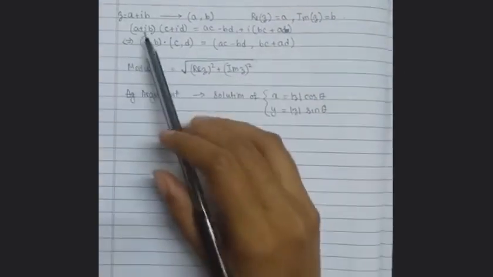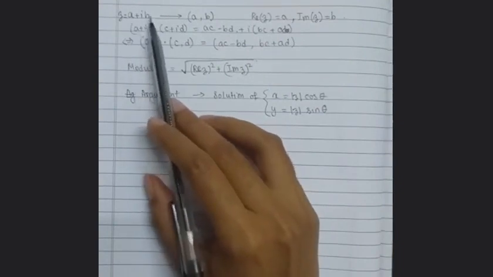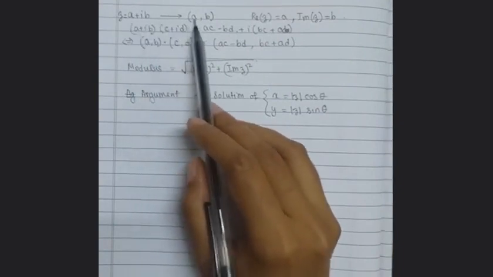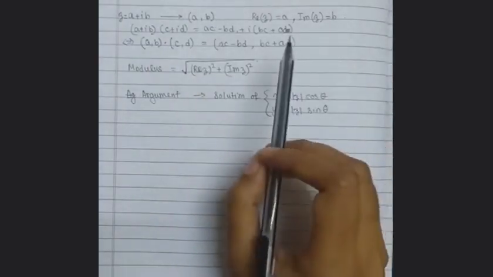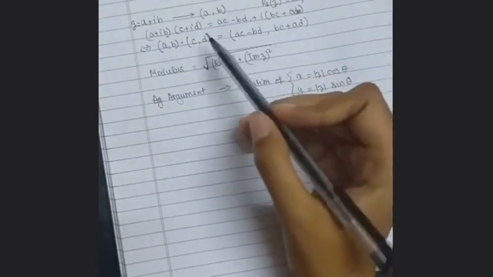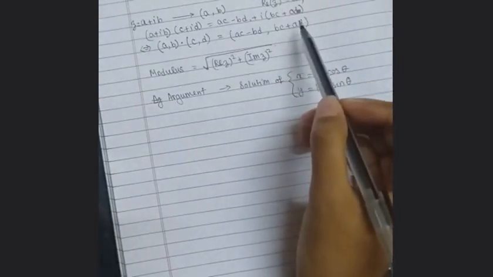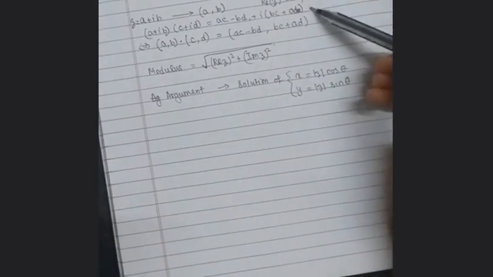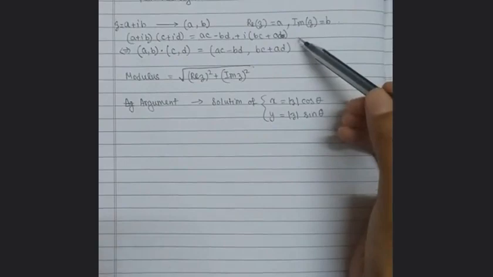Here I would like to introduce a new notation where we write a plus ib as an ordered pair (a, b). When you do this, your calculations look more ordered, generally neater.